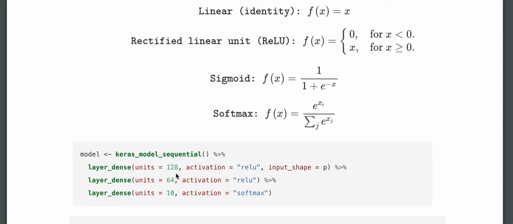What is this saying? It's saying that the input layer takes P, which is the number of features. The nonlinearity is ReLU, rectified linear unit, and the units are 128.